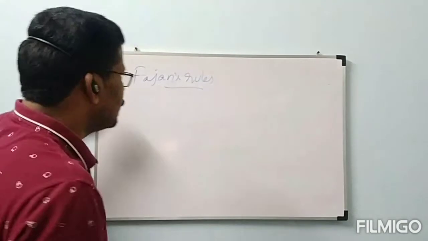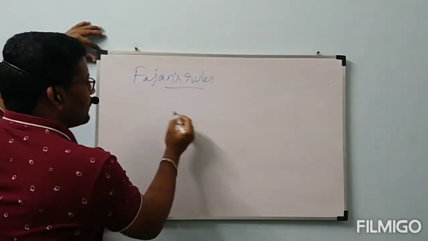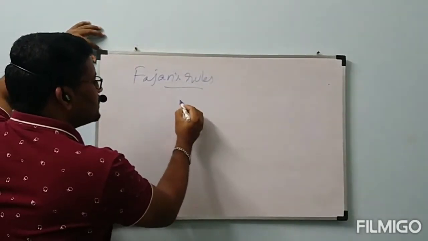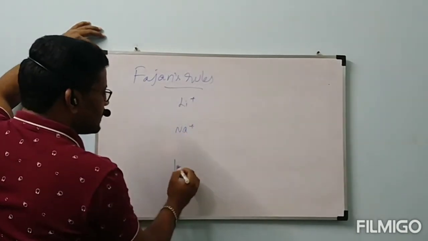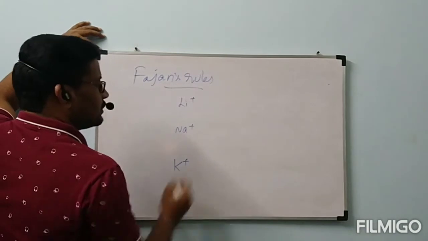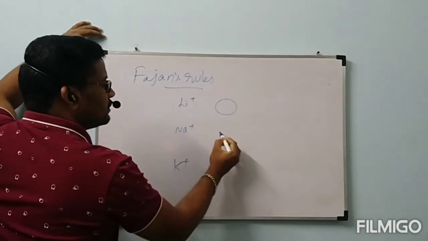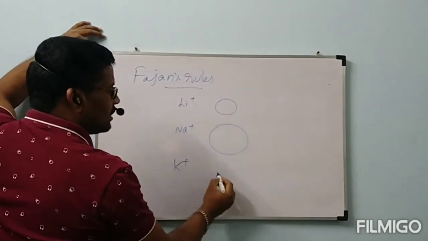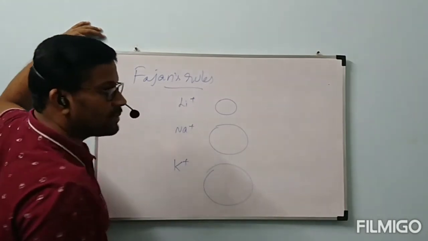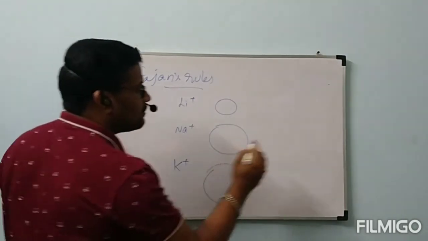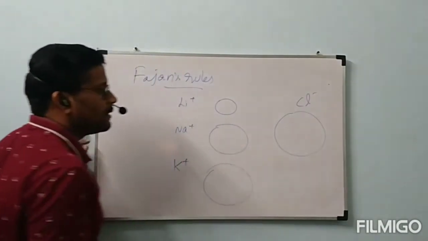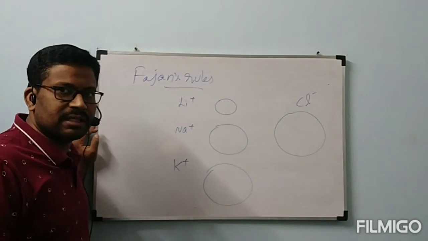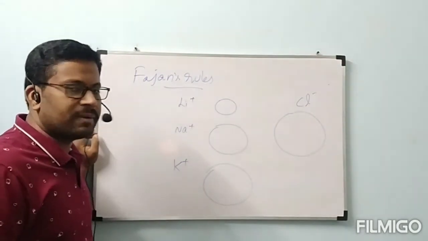See, all of you, let us consider Li plus, Na plus and K plus. Li plus is a smaller cation, Na plus is a bigger cation, and K plus is a still bigger cation. These are all present with the anion Cl minus. Now, what is going to happen?